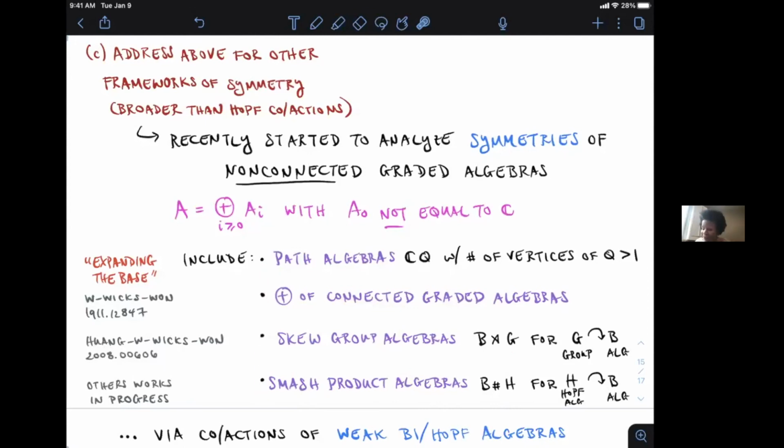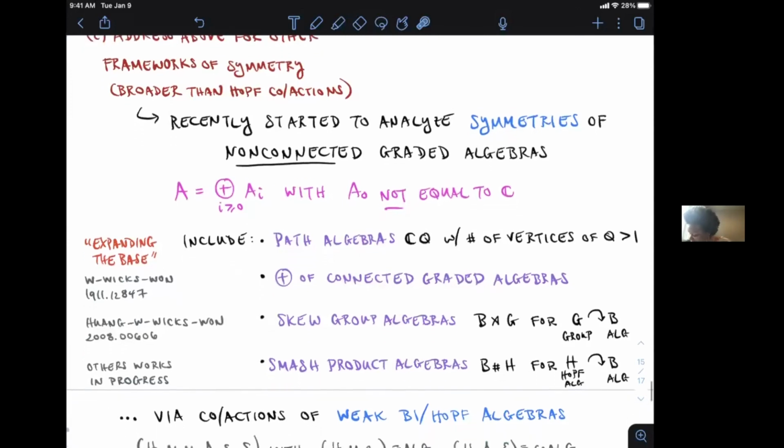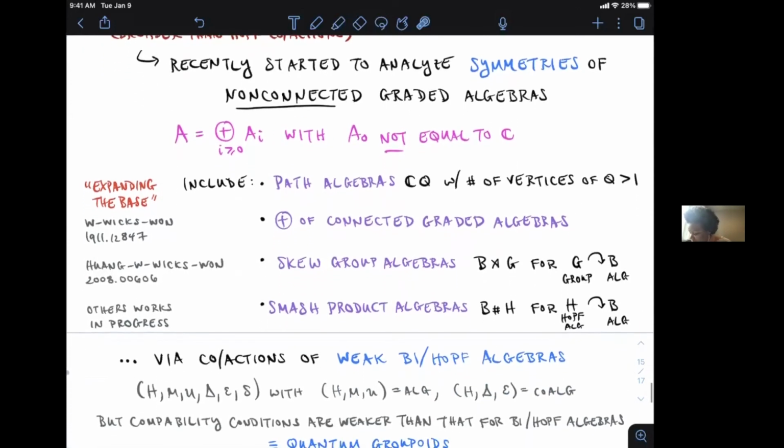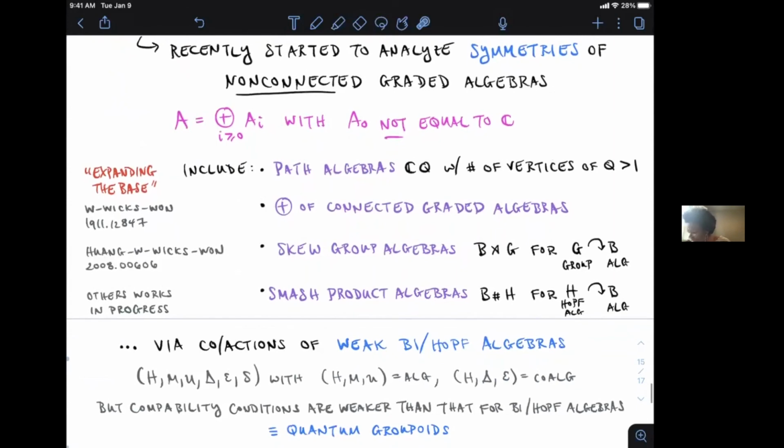What I believe is that coactions of so-called weak Hopf algebras should handle these. This is a direction of work I started in the last couple of years. Here are a couple of papers, and I'm still cranking away at this. Essentially, a weak Hopf algebra is like a Hopf algebra in the sense that it's a 6-tuple.